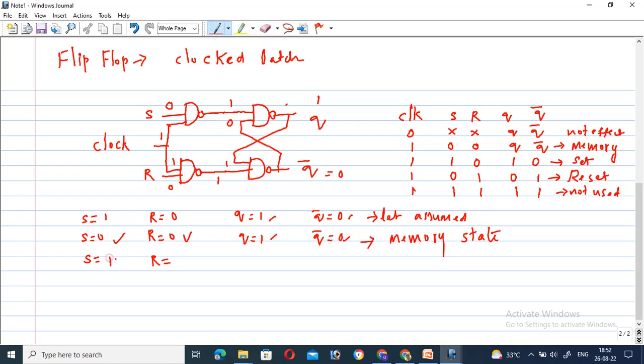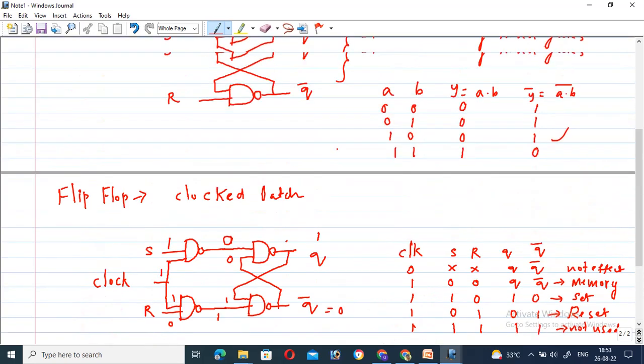So S is equal to 1, R is equal to 0 condition. What happened? S is equal to 1, so now this S value is 1. So clock 1 and 1 means that this value is equal to 0 for the NAND gate realization. So Q bar value is already 0. So this is connected. The 0 0 condition in the case of the NAND gate means that this value is equal to 1.